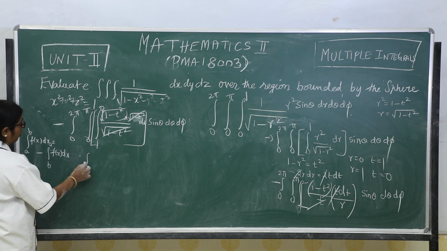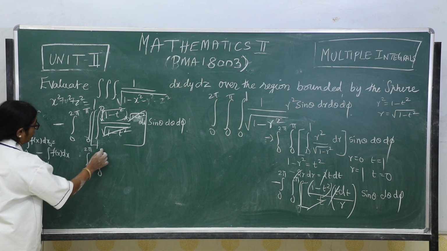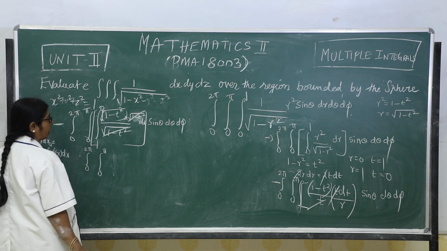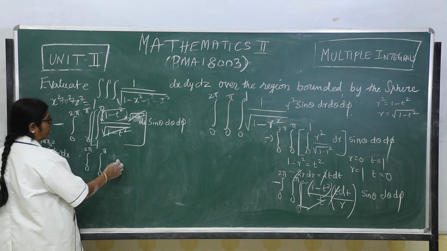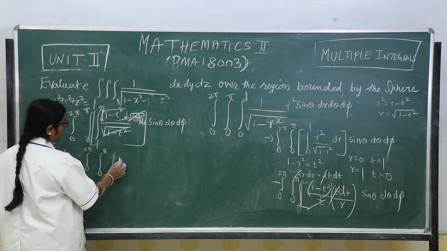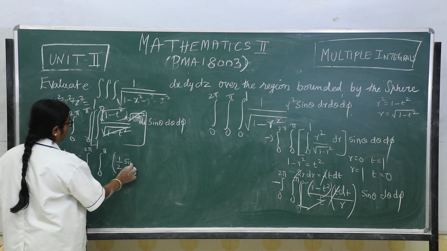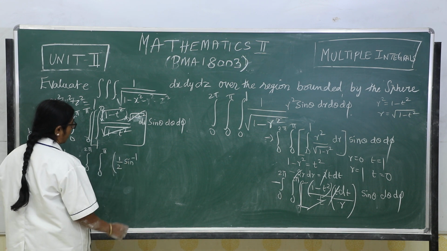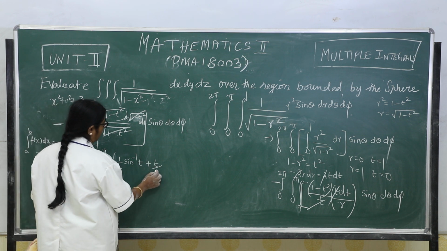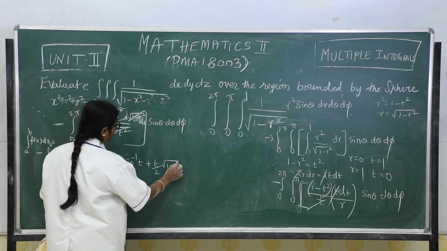So, integral 0 to 2 pi, integral 0 to pi, integral 0 to 1. I am going to integrate root of a squared minus x squared. The integral of root of a squared minus x squared is a squared by 2 sin inverse of x by a plus x by 2 into root of a squared minus x squared. Here, it is t by 2 into root of 1 minus t squared.